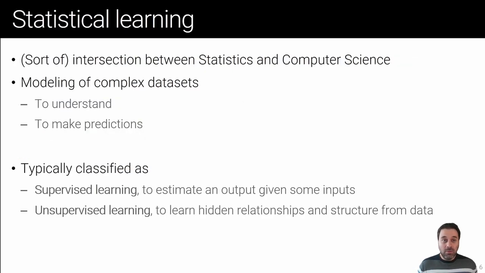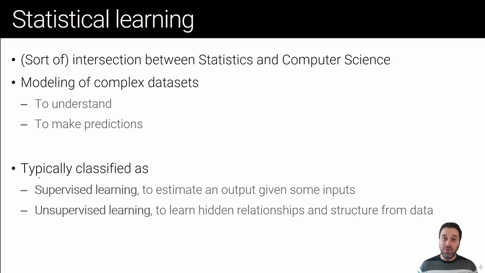So when we talk about models, we really talk about statistical learning. And it's kind of the intersection between statistics and computer science, although there are very small nuances in there. It's about modeling complex data sets, about building models around complex data. Why do we build a model? Usually it's because of one of two things.